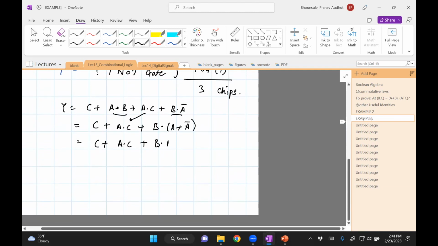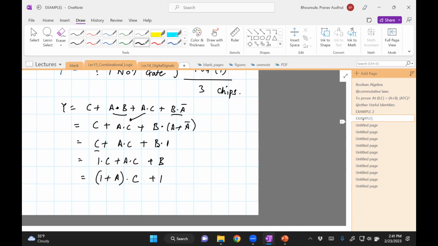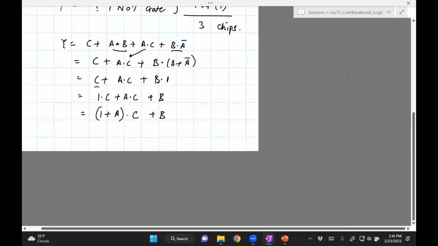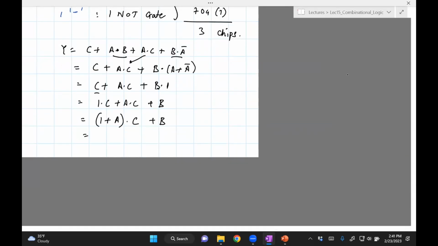So that simplifies it. 1 dot C plus A dot C plus B. This is 1 plus A dot with C plus B. And then you see that A plus 1 is 1. That's B plus C.